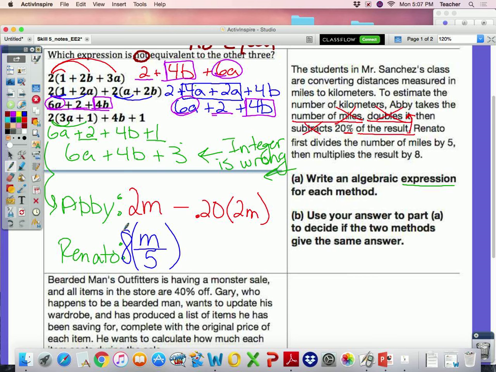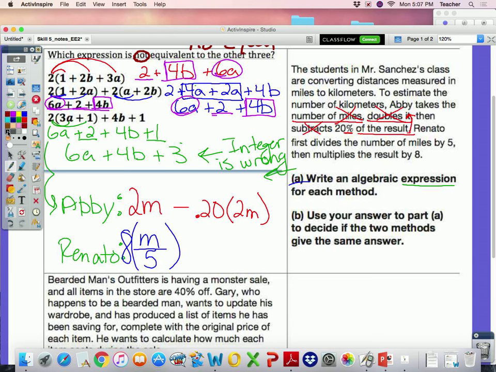Okay, so that's A. Now it says use your answers from here to decide if these are the same. Well, do they look the same? They don't. They really don't. Depending on how you reduce them, they might start looking a little bit more similar. So the only way to figure this out is to substitute. What does substitute mean? To replace the variable.